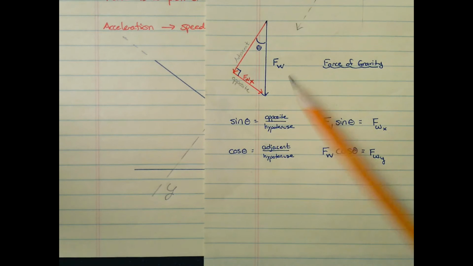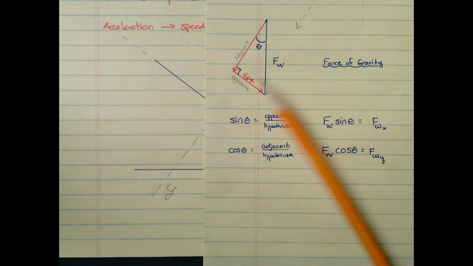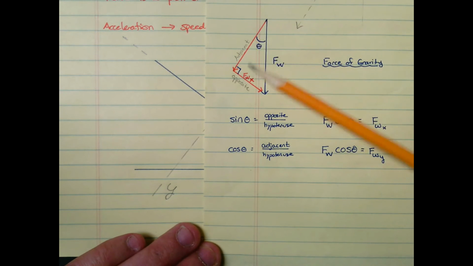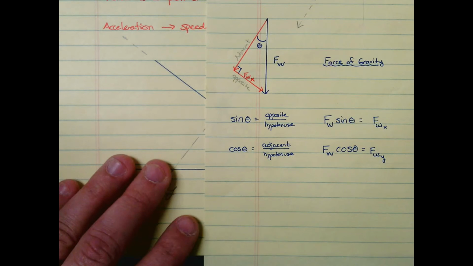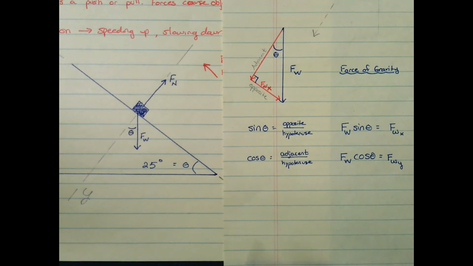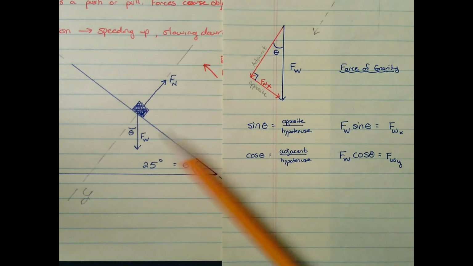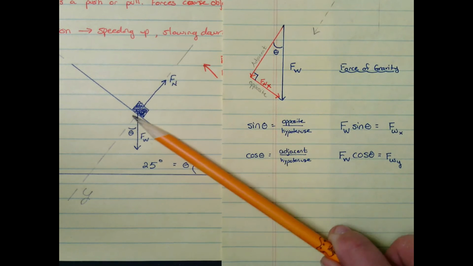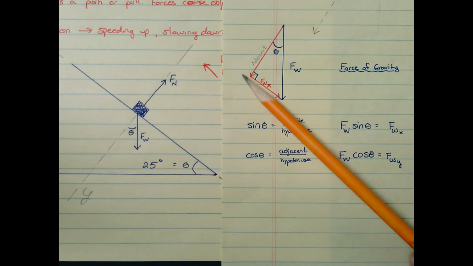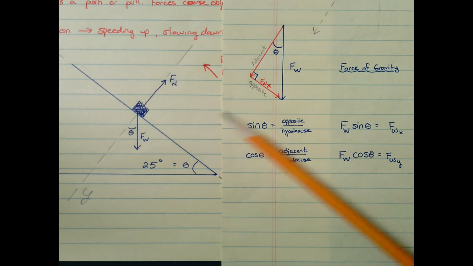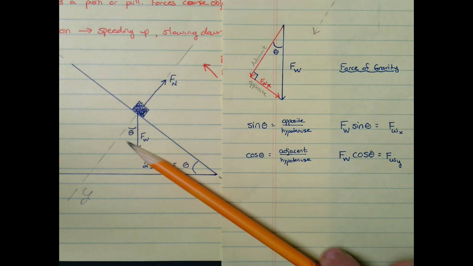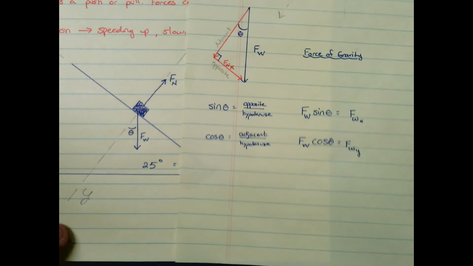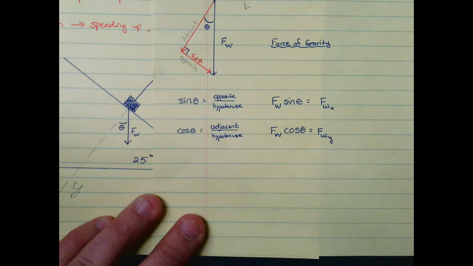Let's say this is our force of gravity here, and this would be along the Y, and this is along the X. If I set it off to the side so you can see it, FW, this part of FW is along the Y, and this part of FW is along the X. If you want to, pause this video and look at it, I'd highly recommend it.